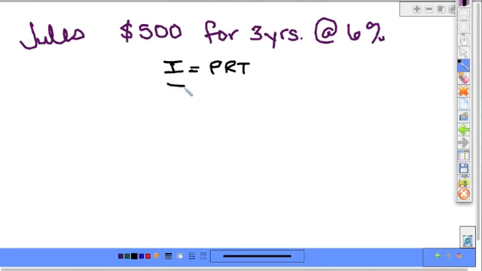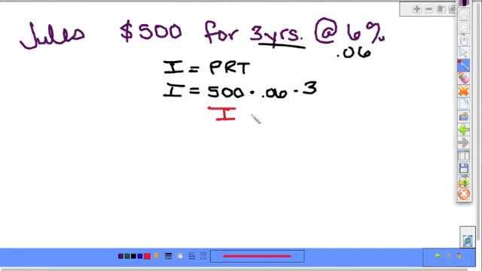I we don't know. Principal is the dollar amount, which is 500. The rate is going to be our percent here, which is going to be 0.06. And our time is going to be our years, which is 3. If you multiply all of that together, you get your interest equals 90.